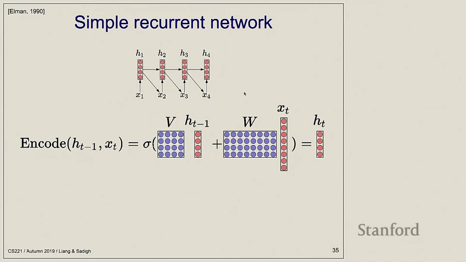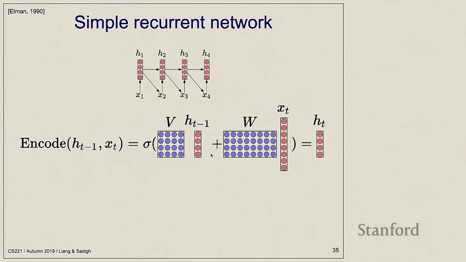To make this very concrete, one way you could build this thing is by basically sticking a matrix in each of these arrows. So our encode function would take the input, x_t, and multiply it by a matrix in order to get a vector. And then it would take the previous hidden state, h_{t-1}, and multiply that by a different matrix to get a new vector.